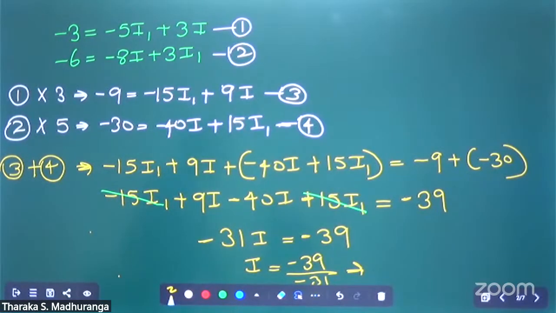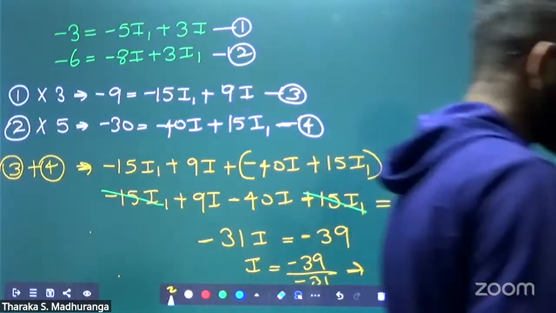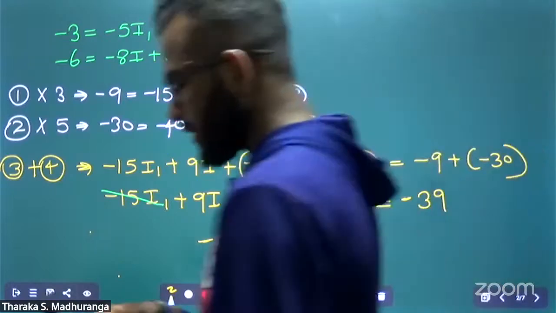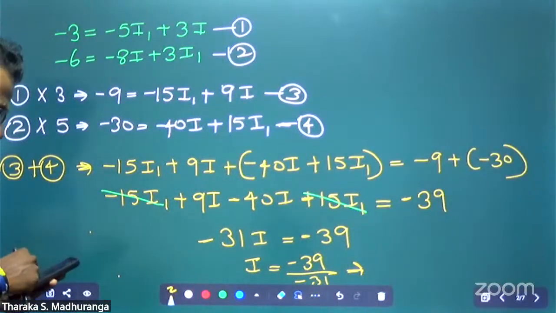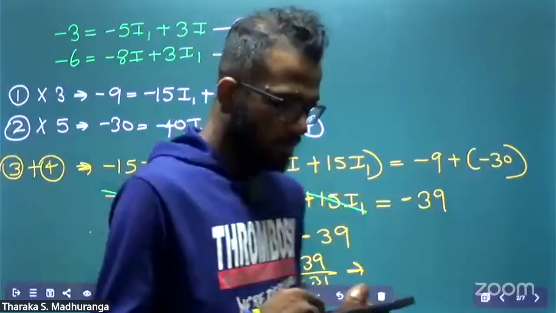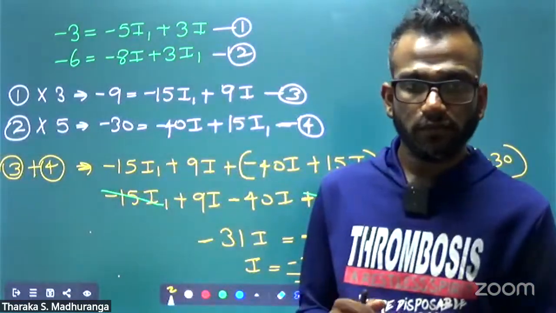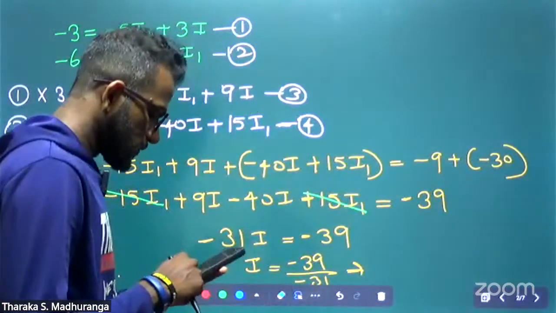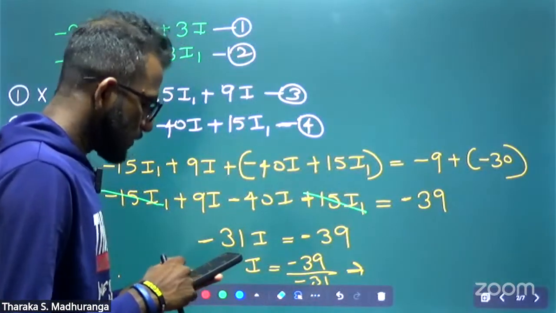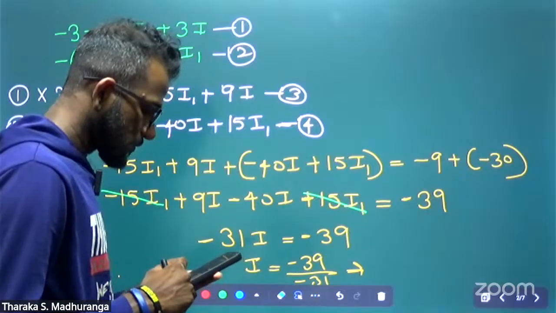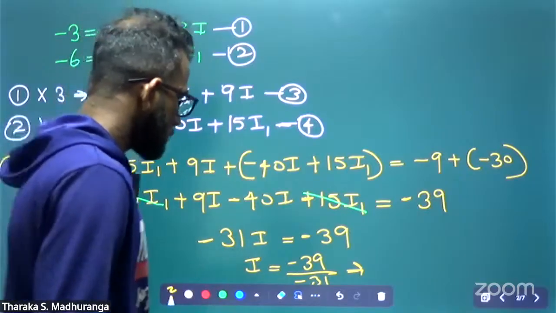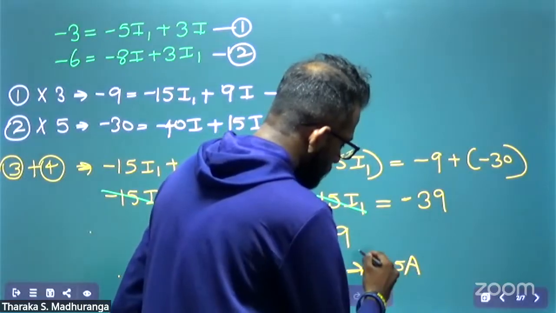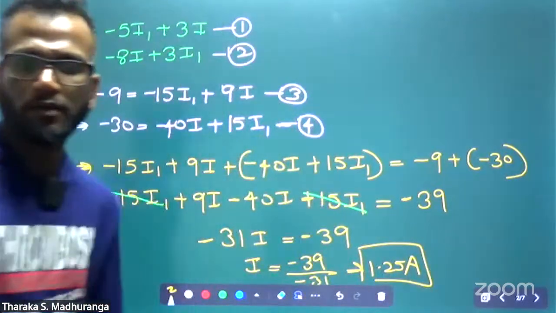Okay, I got the I value. Who got it correct? Your equations can be different. If you got any equation correct, your I value should be the same as my answer. The answer is 39 divided by 31, 1.25 ampere.